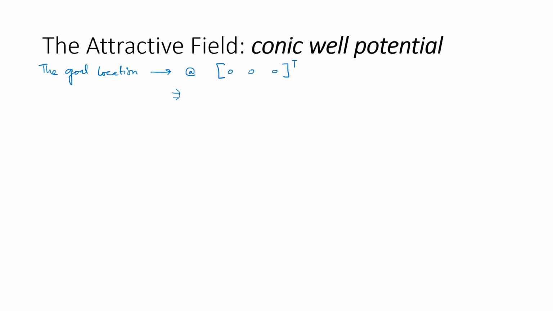It means that you have x at qf, y at qf, and z at qf all equal to 0. Zero, 0, and 0. And I can do that without loss of generality.